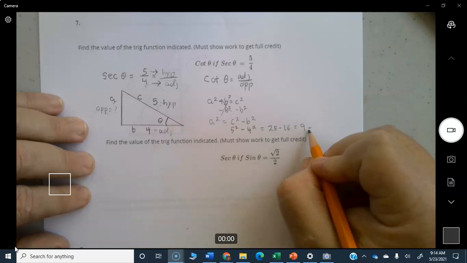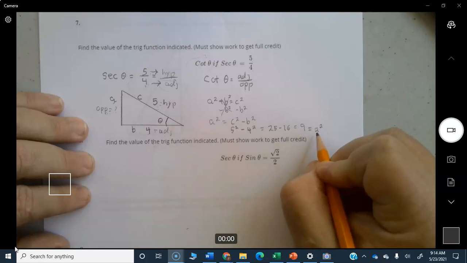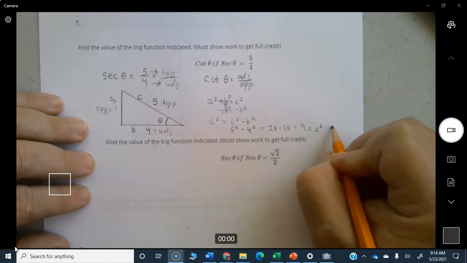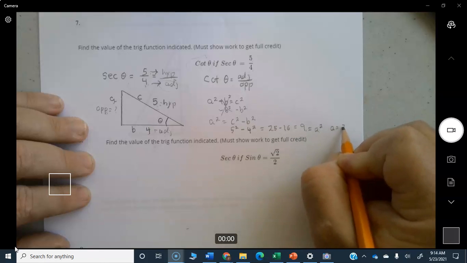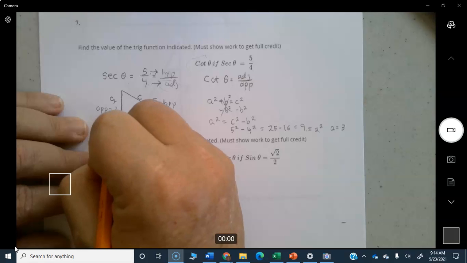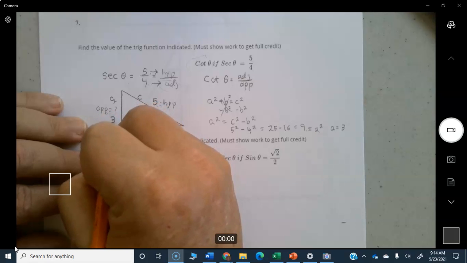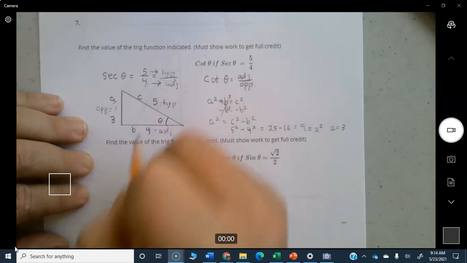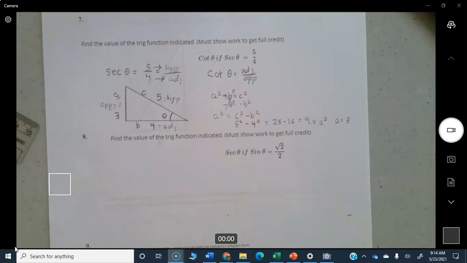So that equals a squared. So if a squared equals 9, then a equals 3. And we've seen this triangle before. It's a 3, 4, 5 triangle. Okay? It's a very common triangle.